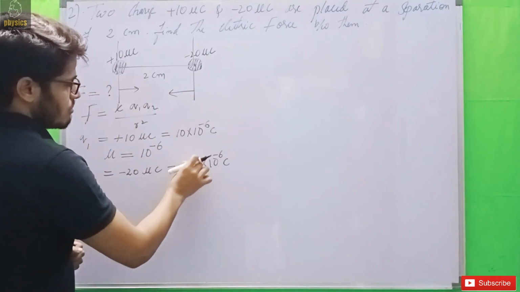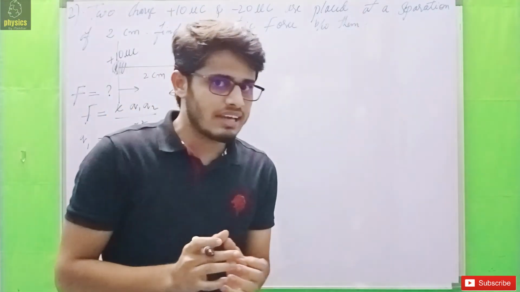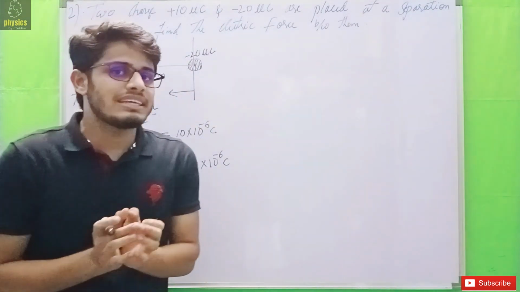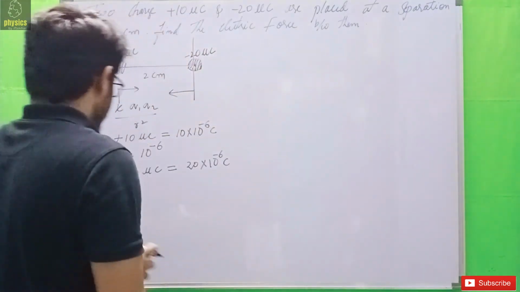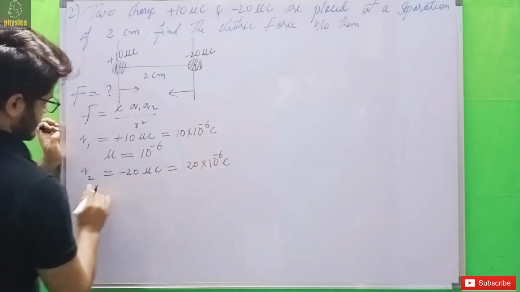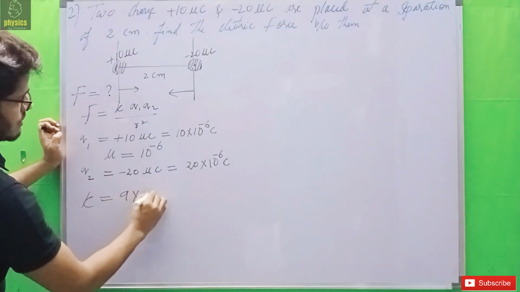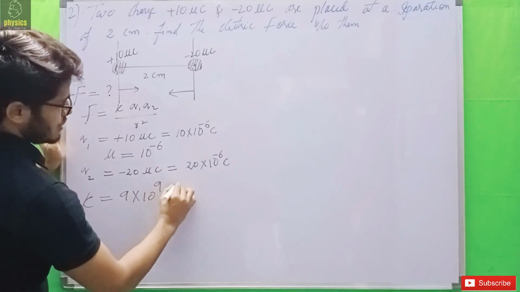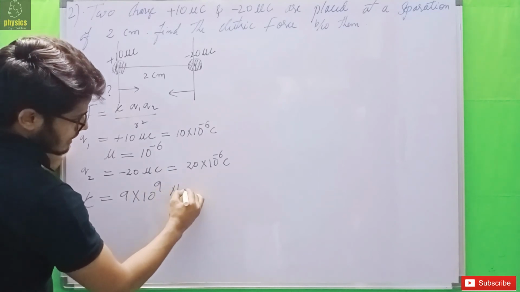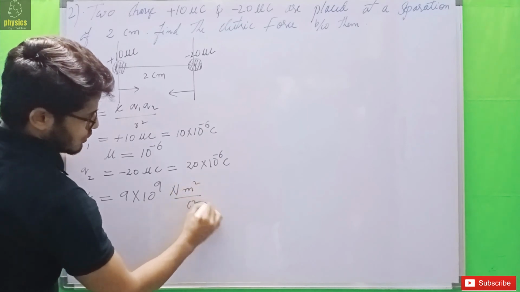So no need to worry about the sign of the charge. That's why I said that Coulomb's law is not sign sensitive. Now substitute the values. We know that the K value is 9 into 10 power 9 newton meter square per coulomb square.